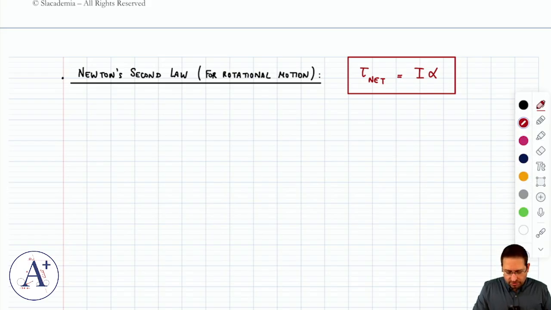And this is going to be important also next week when we talk about rolling without slipping.